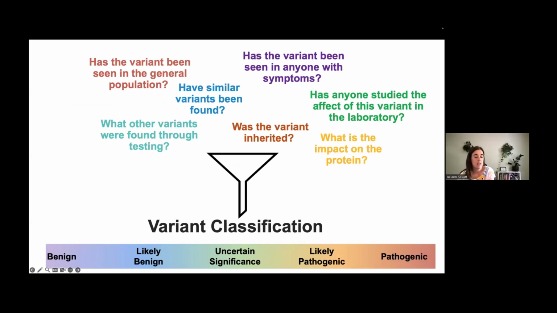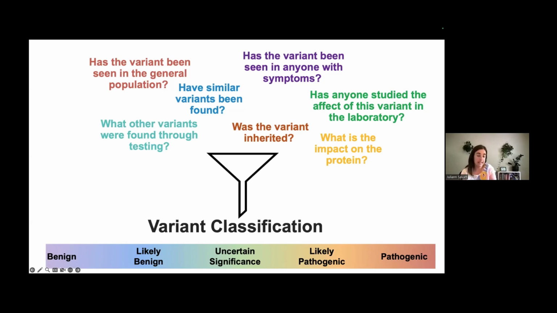To put a specific genetic change into those buckets, the lab will ask questions like, has this variant been seen in healthy individuals in the general population? Has the variant been seen in people with similar symptoms? Have similar variants been found in others who have symptoms? What other variants were found through testing? Was the variant passed through the family?